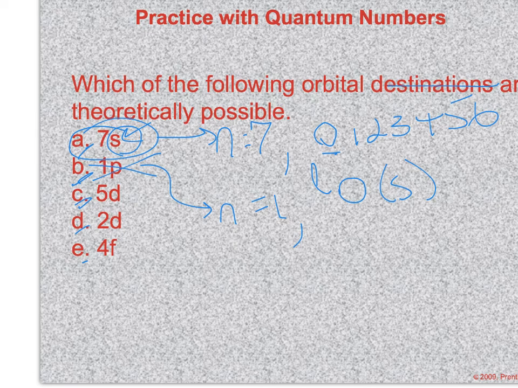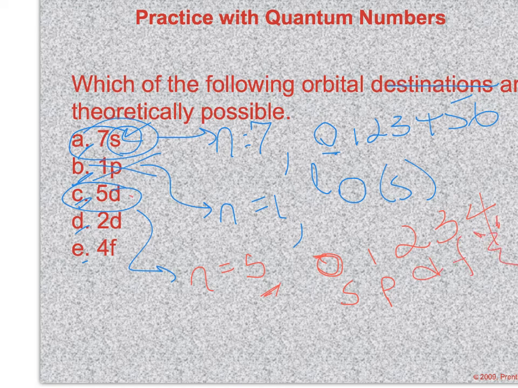Looking at C. If we're talking about n equals 5, the L values possible are 0, 1, 2, 3, and 4. We've got to stop at 1 less than n. And so in the 5th energy level, we can have S, P, D, F, and some crazy level.